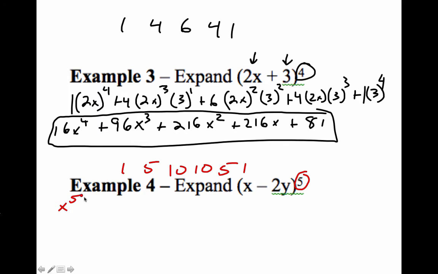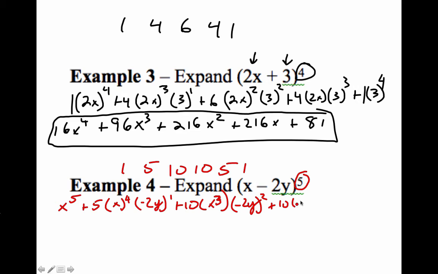I get x to the 5th plus 5x to the 4th negative 2y to the 1 plus 10x cubed, negative 2y squared plus 10x squared, negative 2y cubed plus 5x negative 2y to the 4th plus negative 2y to the 5th. I ran out of room.